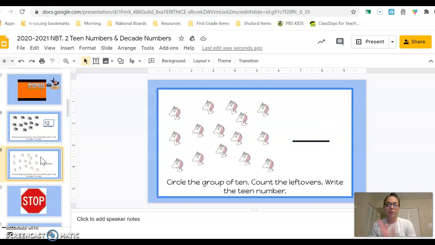Oh man, we got some unicorns. Okay, so the same thing, we're going to count our group of 10 and we're going to see how many we have left over.